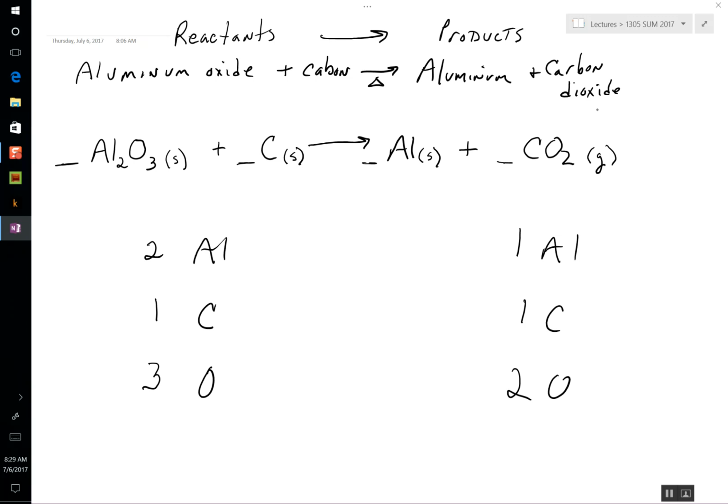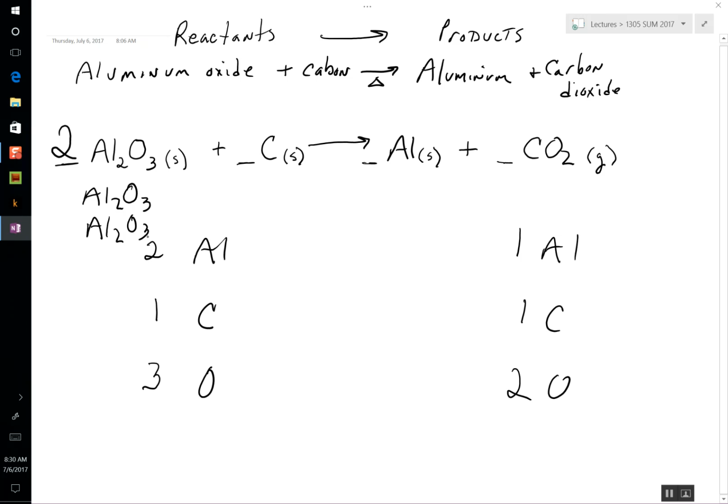2 times 3 is 6. So if I put a 2 here, what I'm basically saying by putting that coefficient there is that I have 2 of these. Okay?